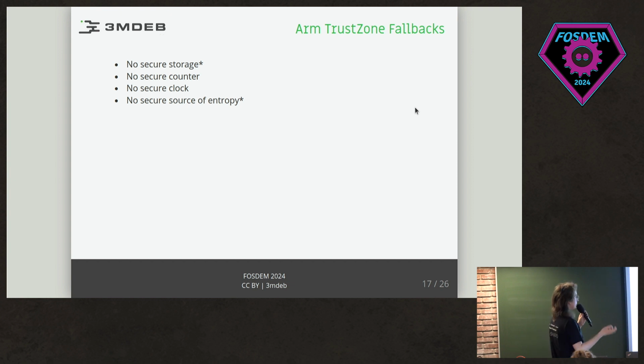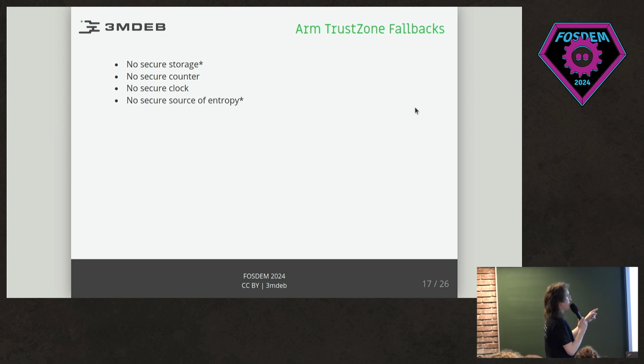You can use an eMMC to achieve that, but if you don't have that on the device that you're updating, you have to find some workarounds. The same happens with a secure counter or secure clock that can prevent rollback attacks. And if you don't have those, you're not really protected from them.